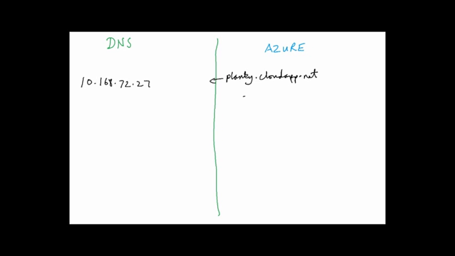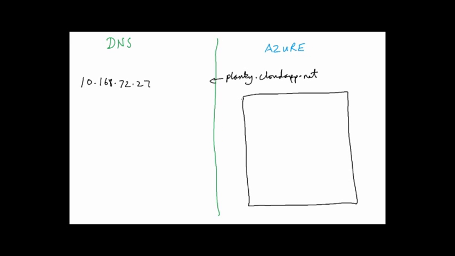So if this box represents the web role, which has been deployed to Windows Azure, and when we deployed it we specified that we wanted to use that DNS name, then the Windows Azure infrastructure will have mapped that DNS name onto this IP address for us.